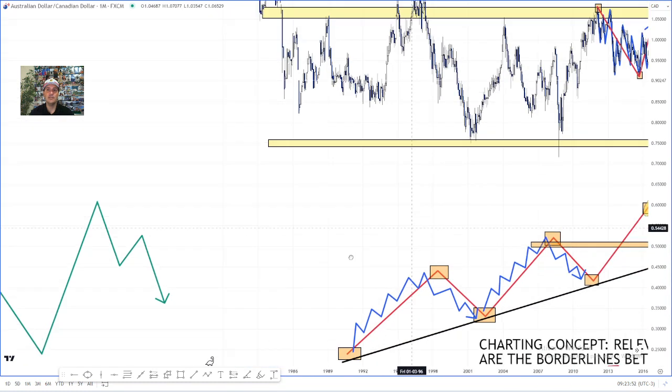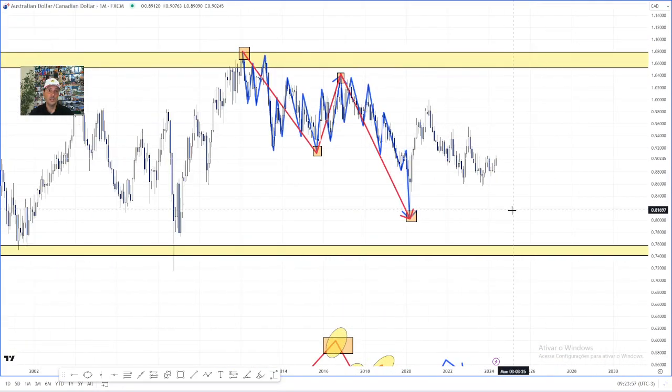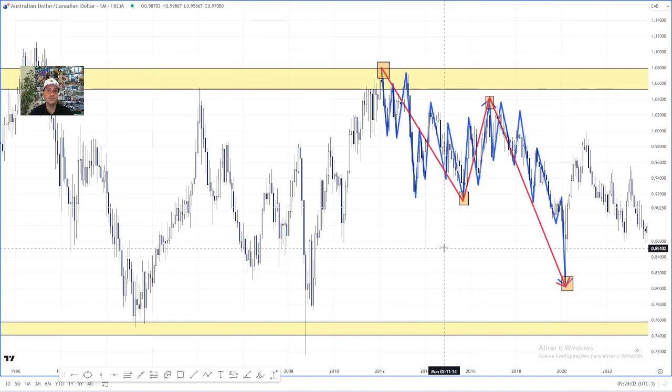This is why I'm telling you, pay attention not to mix apples with bananas, and to get aware and to practice different currency pairs, different time frames.